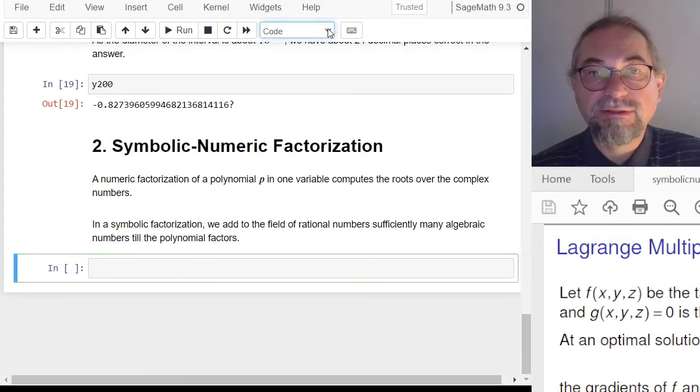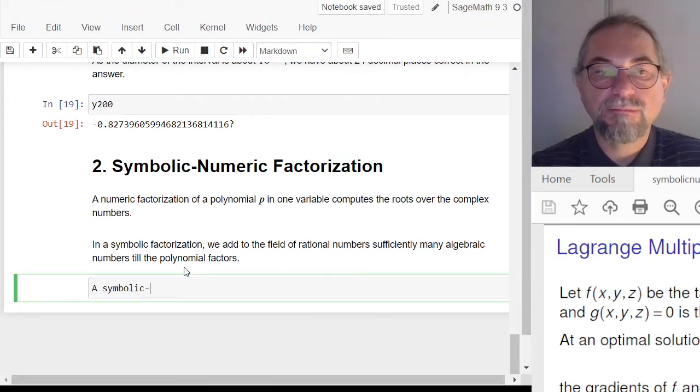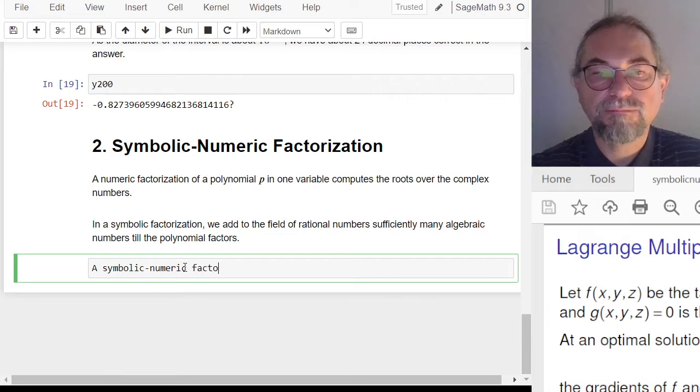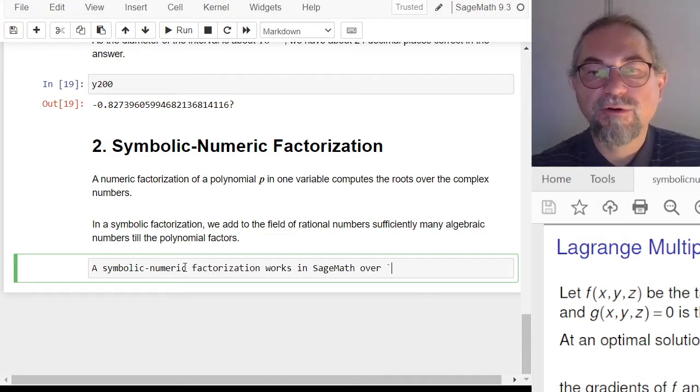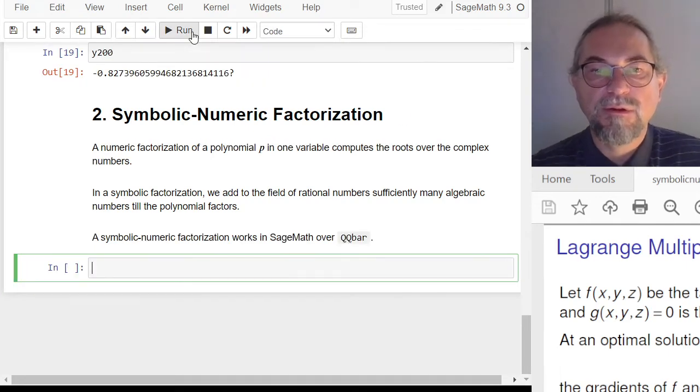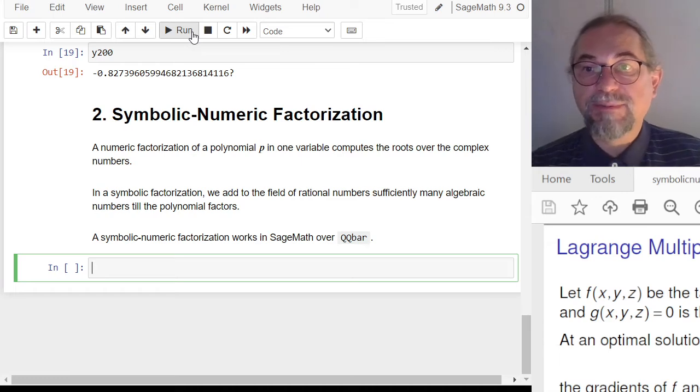So a symbolic numeric factorization works in SageMath over QQ bar. So QQ bar is a hybrid.